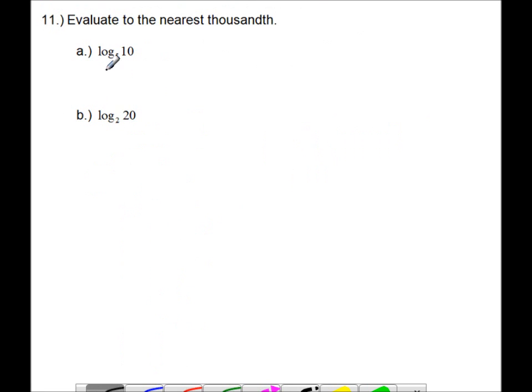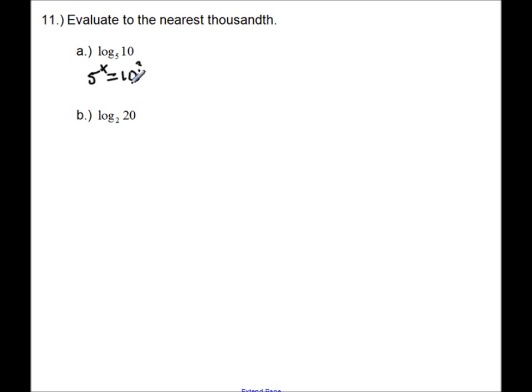Alright, what we want to do here is figure out what this equals to the nearest thousandth. We've been playing this game where we convert it to exponential form, but if I look at 5 to the x equals 10, we can't get these in the same base, so we need another method.